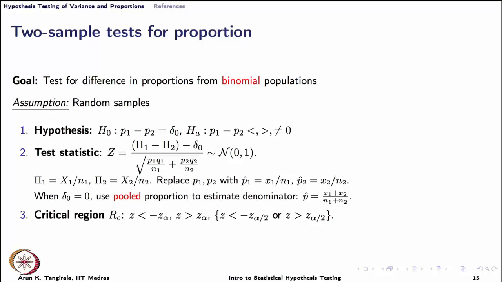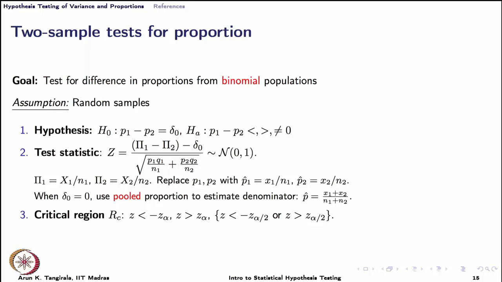The test statistic is your standardized statistic approximately following a Gaussian distribution, assuming that once again the sample size is large. As I have pointed out in the lecture on sampling distribution, to compute the denominator of z, you need the values of p1 and p2, which we do not know, obviously we have only postulated.